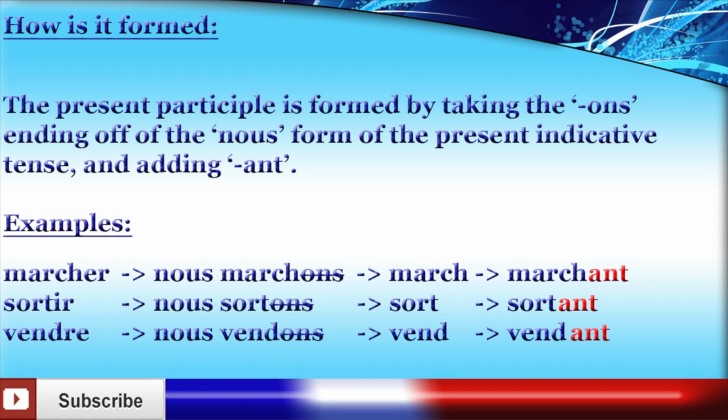Repeat, marchand. Let's have a look at another example. Sortir. The nous form of the present tense for sortir is nous sortons. We take the ons ending off, we add ant, and we get sortant.